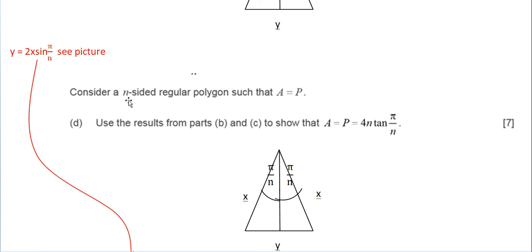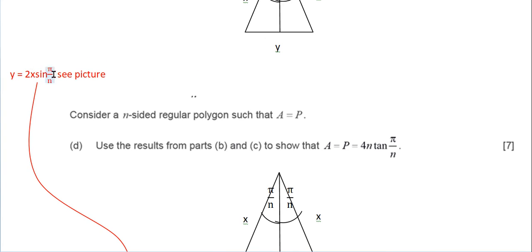Consider an n-sided regular polygon such that area equals perimeter. Use the results from parts B and C to show that A equals P equals 4n tangent π over n. Again, we are going to use the formula that we received in the previous section.